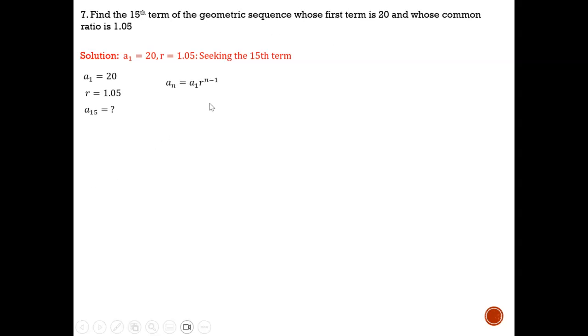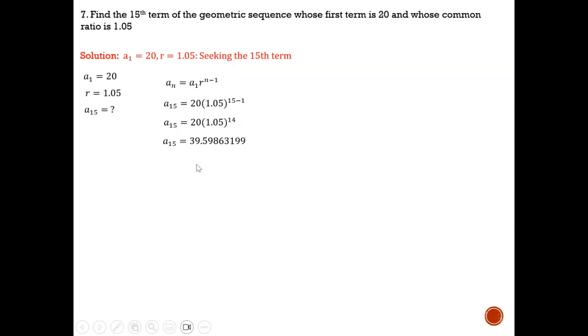So I'm going to plug in 20 for A1, 1.05 for the ratio, and since we're looking for the 15th term, 15 where the n is. It's going to give us 20 times 1.05 to the 14th power.